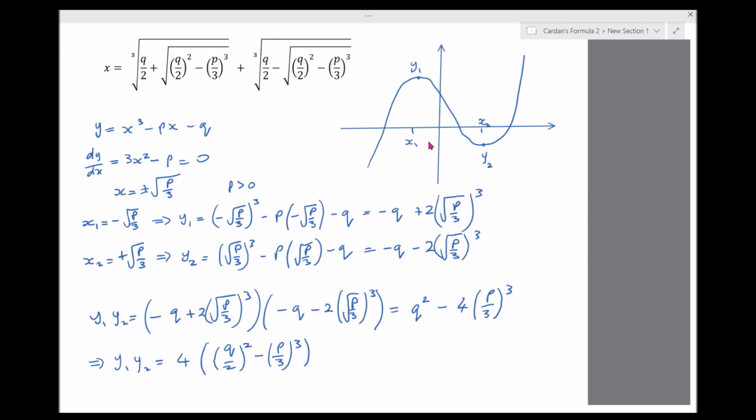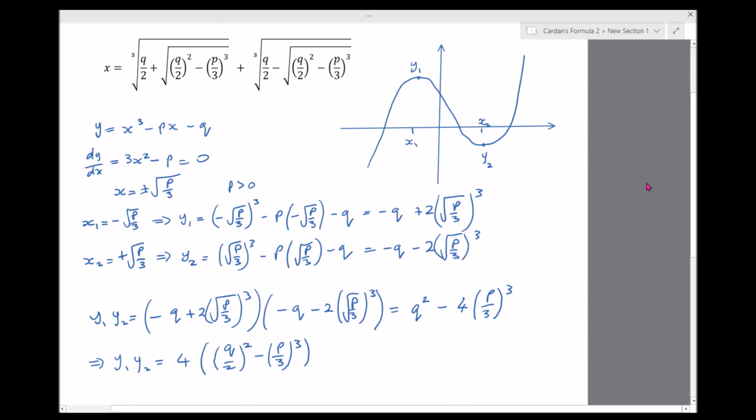In other words, if we have 3 distinct roots, we must have y1 times y2 negative. We must have a negative number underneath the square root sign. So that is why Cardano's solution doesn't work when we have 3 distinct roots.